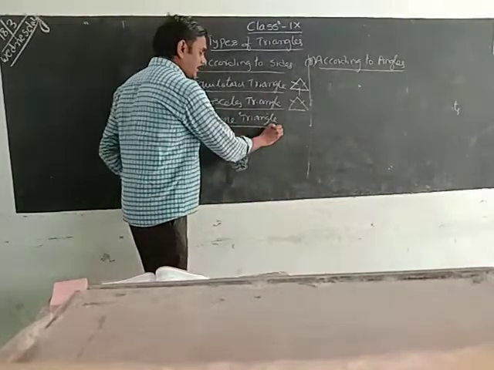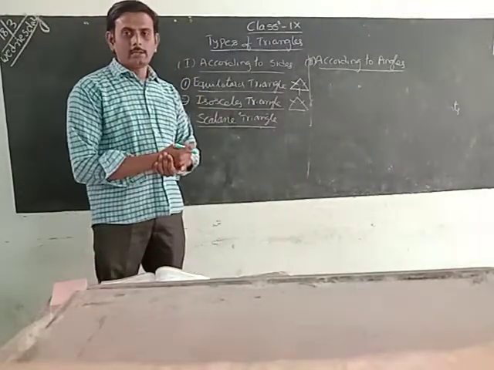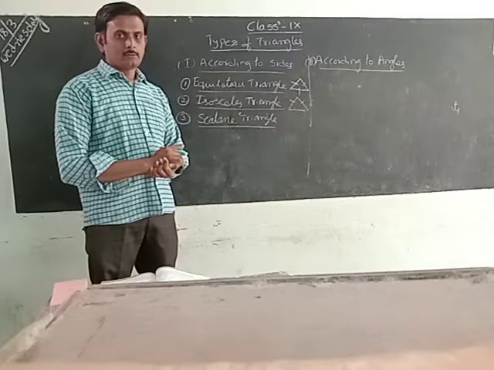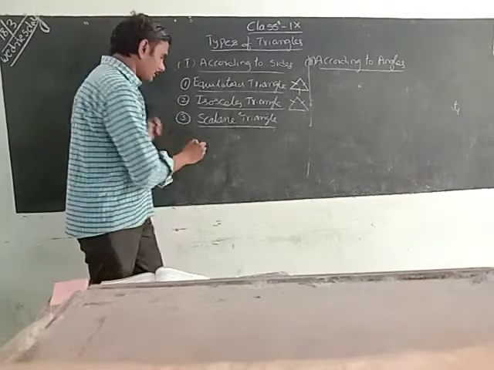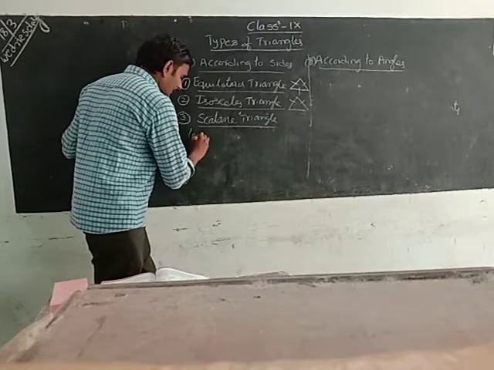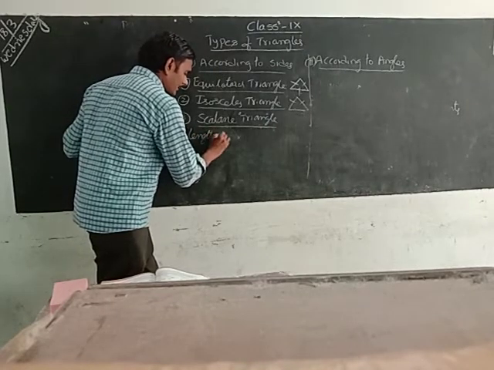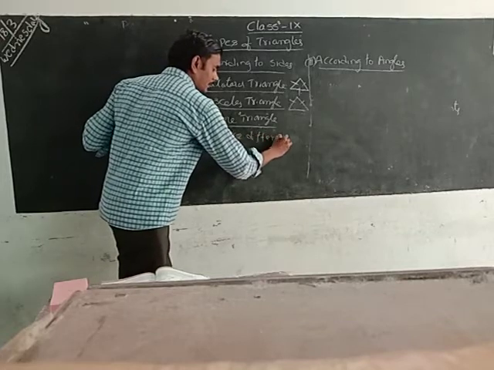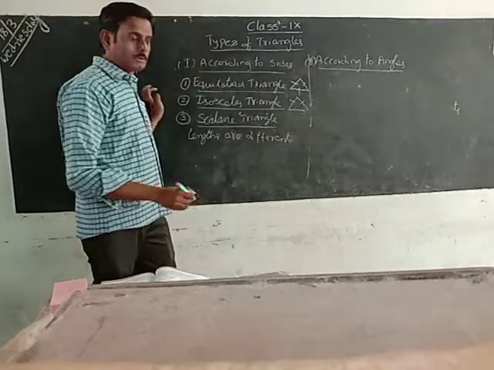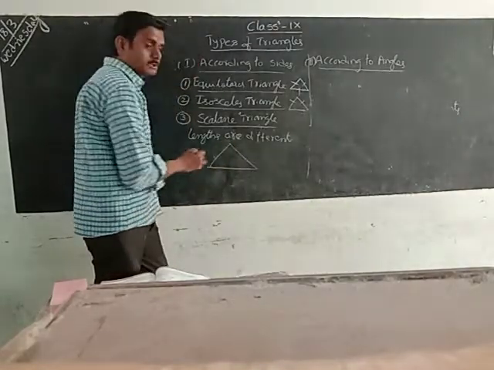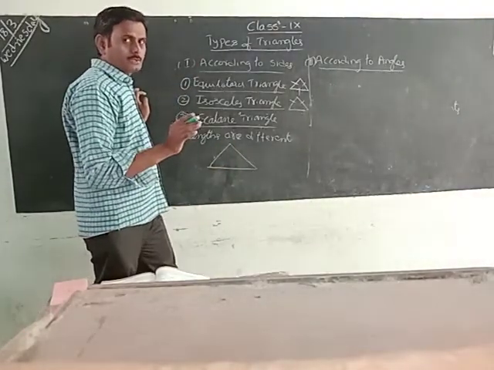Third, scalene triangle means in the triangle the three sides have different lengths. The lengths are different. That means any two sides will not be equal.